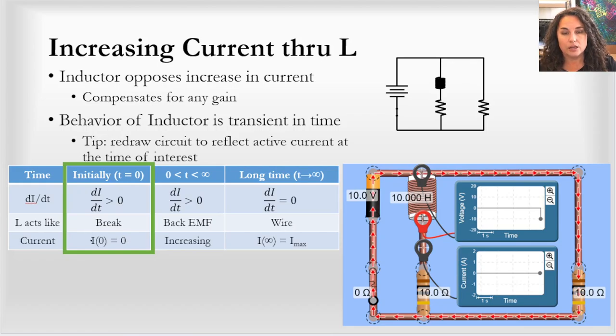That inductor will do whatever it needs to do in order to create zero current going through it, because it's opposing that gain in current from the battery. So initially, it's able to keep zero current at time equals 0. Right when we close that switch, it's going to continue to have zero current through it.